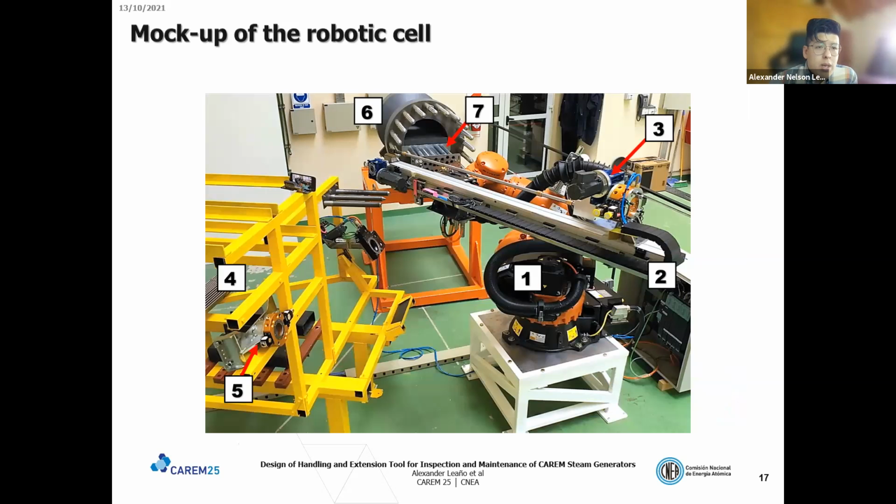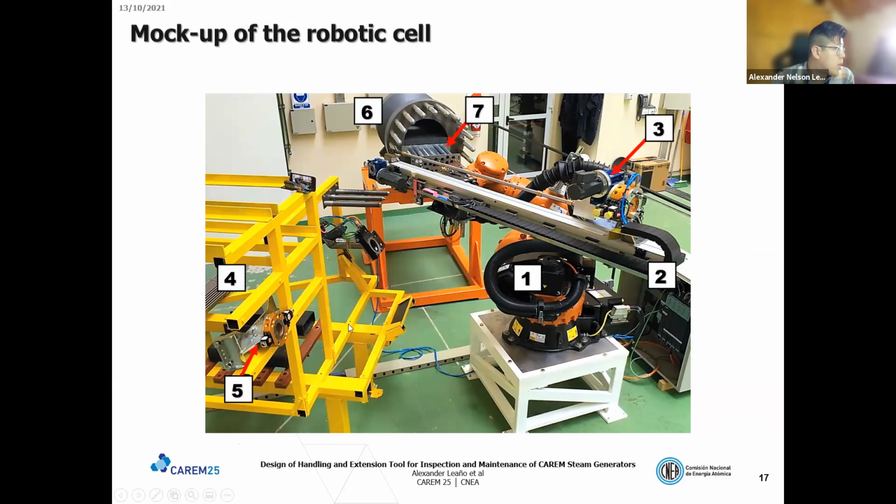Here we can see the mockup of the robotic cell we developed and manufactured, including the purchase of the commercial components and assembly of the parts. Finally, the integration process, the EMA in the robotic cell. We can see here the robots, EMA, and a PEG.